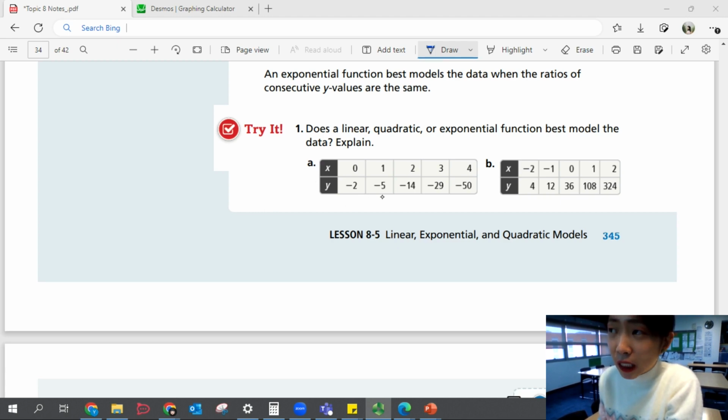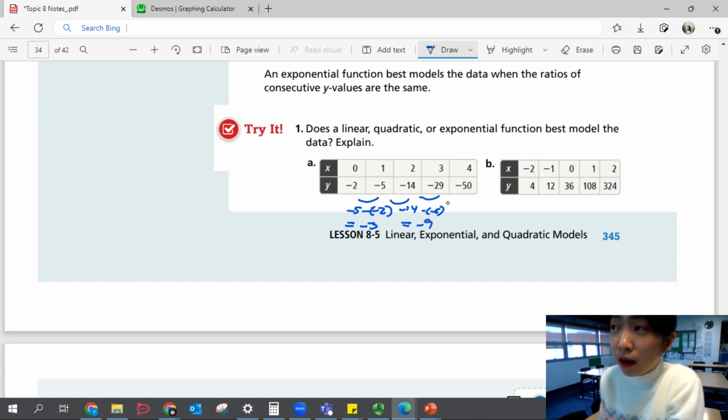So the first difference is -5 minus -2, which is -5 plus 2, so that's -3. Between when x is 1 and 2, the difference is -14 minus -5, so -14 plus 5 is -9.